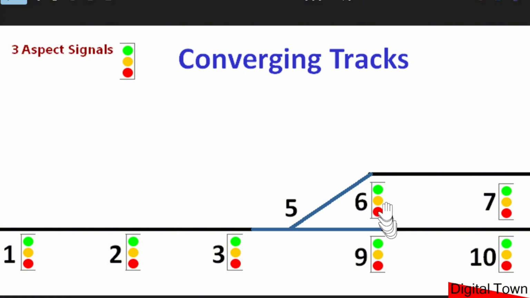The issue then is what color should signal 6 and signal 9 be? And of course that depends on the direction that turnout or point number 5 is set to. And so what I'm going to look at today is how we would deal with that situation using the interlock system.